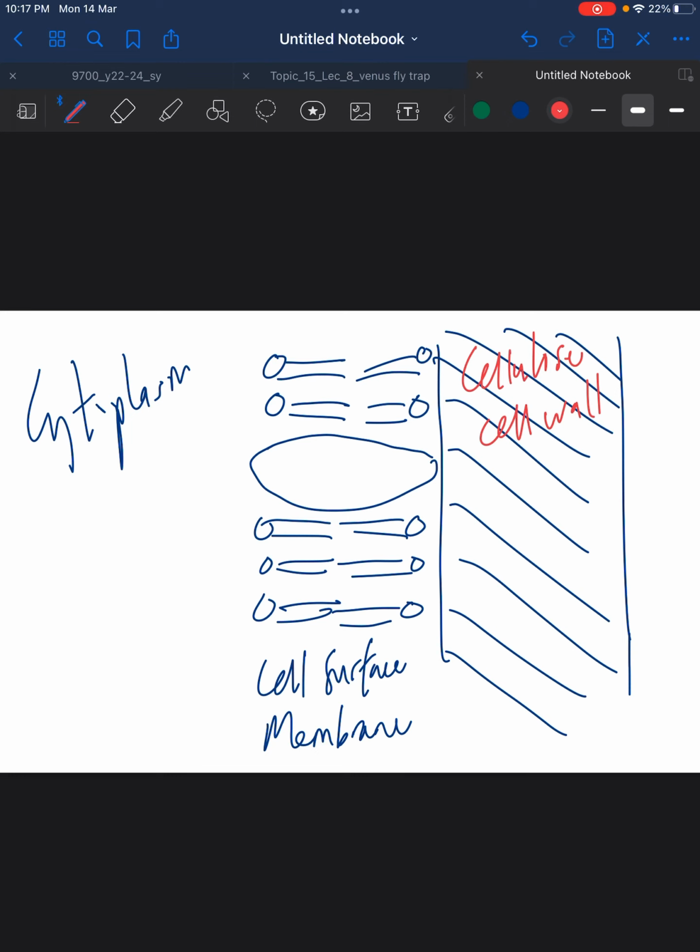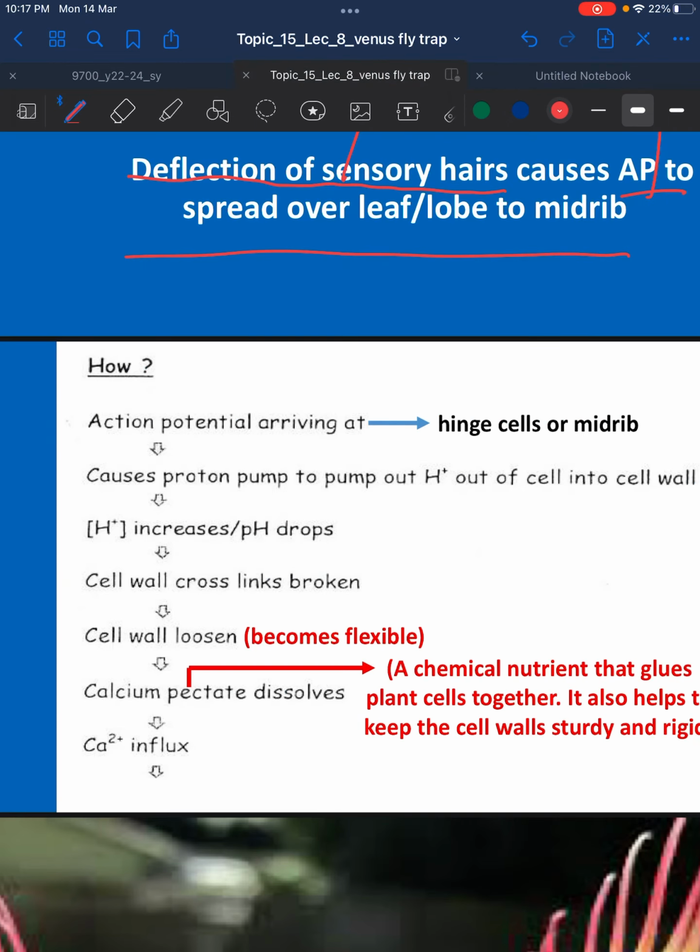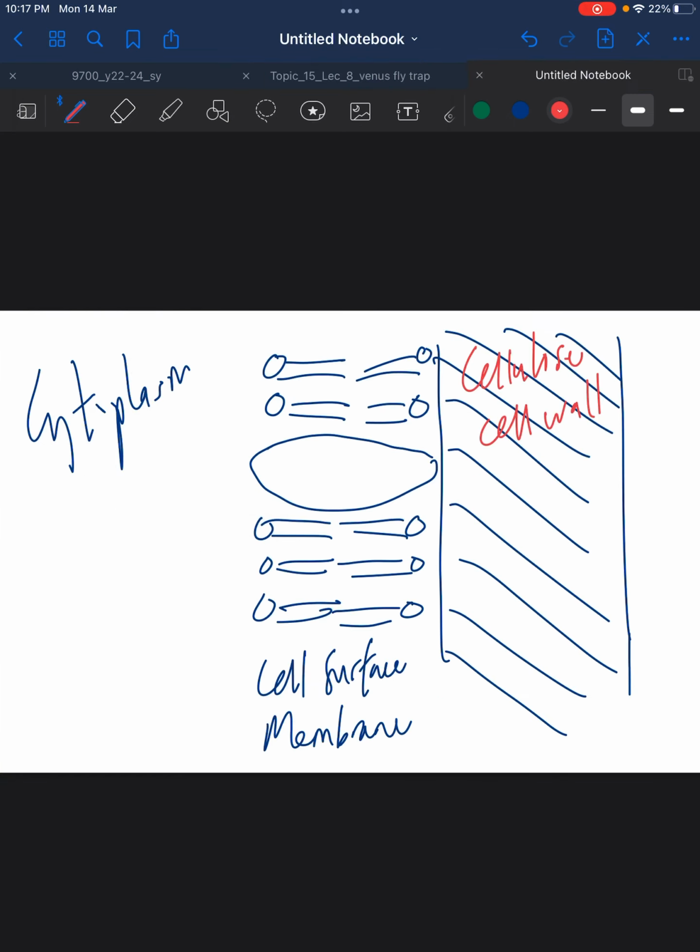Okay, so what happens is the arrival of action potential at the midrib or hinge will cause the pumping of this proton from here to here, the cell wall. So this is low concentration to high concentration.